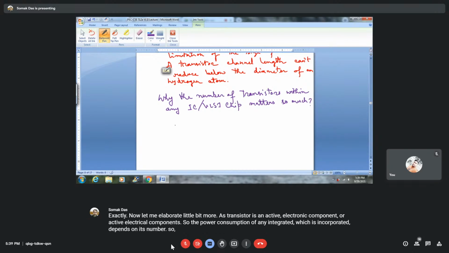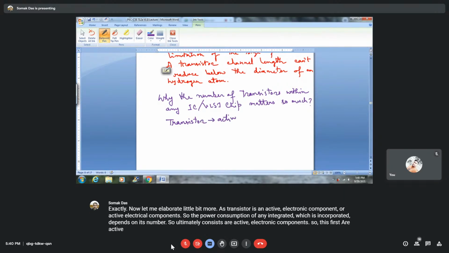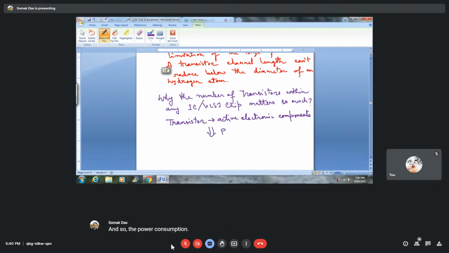So ultimately, transistors are active electronic components, and so the power consumption of any integrated circuit depends on the number of transistors.